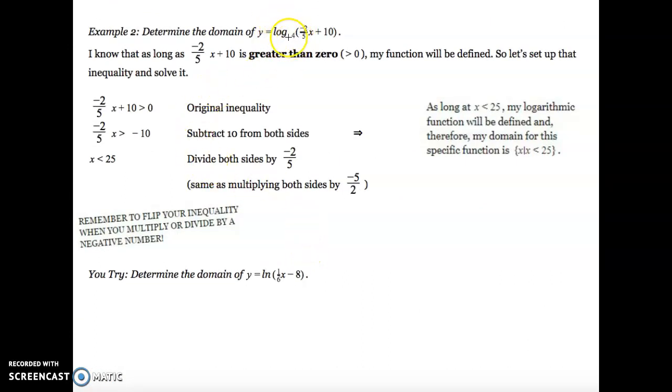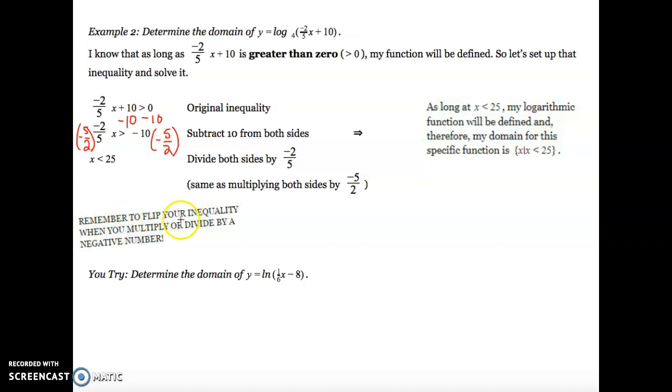We can do the same thing for a common log as well, so log with a base of 4, something like that. As long as whatever is inside of the parentheses is greater than 0, my function will be defined. So I have negative 2/5 x plus 10, make it greater than 0, because that's what's inside the parentheses. I'm going to subtract 10 from both sides, and that's how I end up with this next inequality. Then I'm going to divide both sides by negative 2/5. I also like to think of it as multiplying by the reciprocal, negative 5/2.